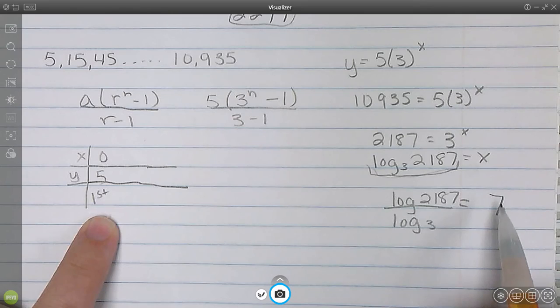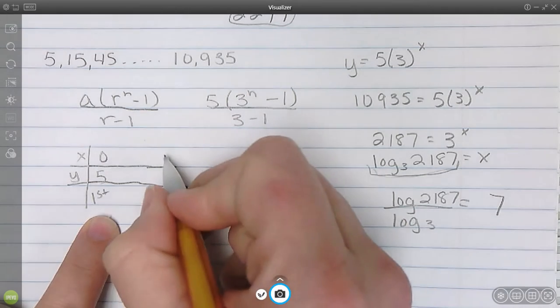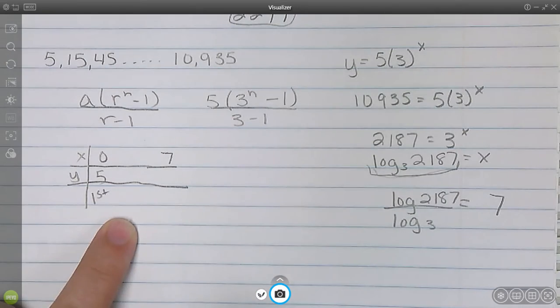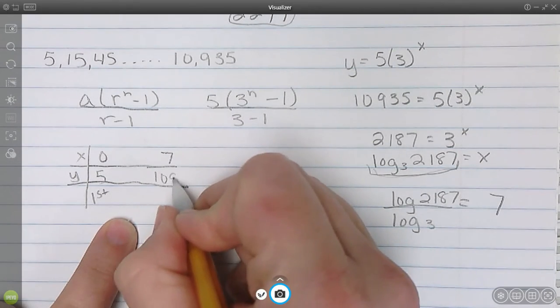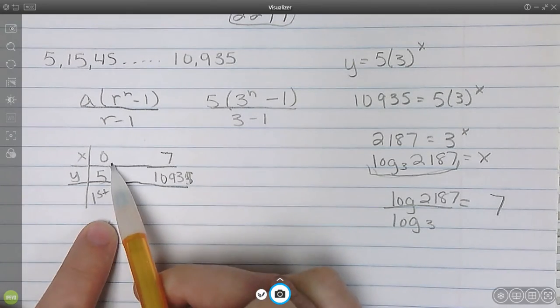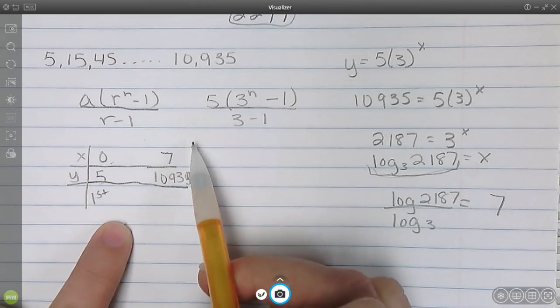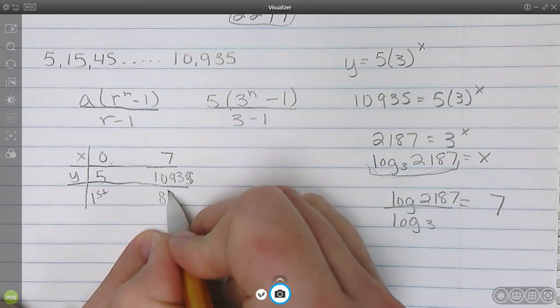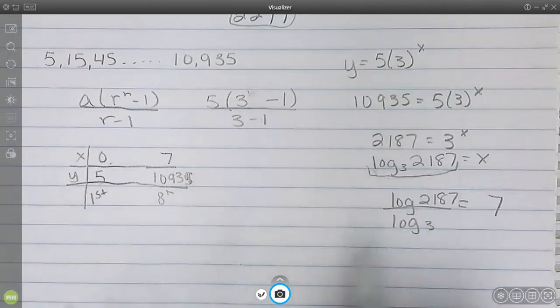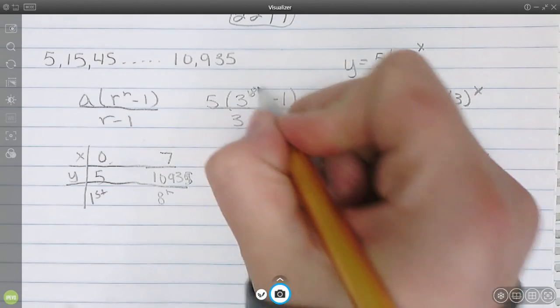When we were over here, we plugged in 7, and you get this 10,935. So if 0 was our first term, this went up by 1. 7 is going to be our 8th term. So instead of an n, we can actually put in an 8.